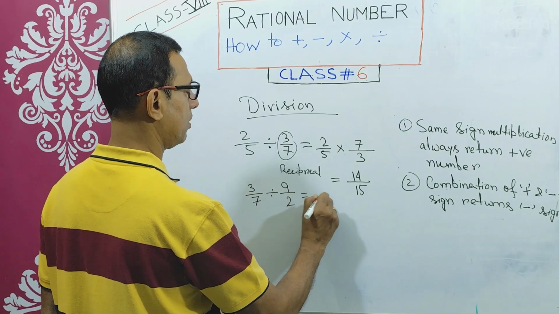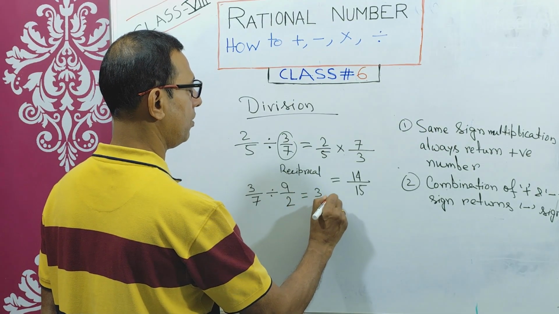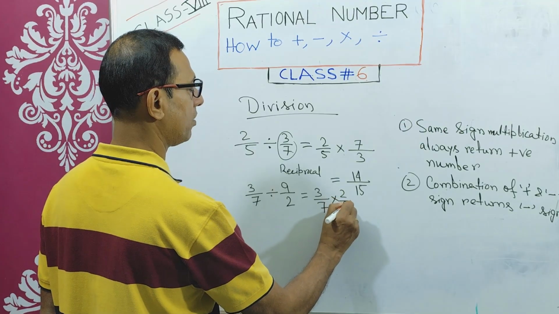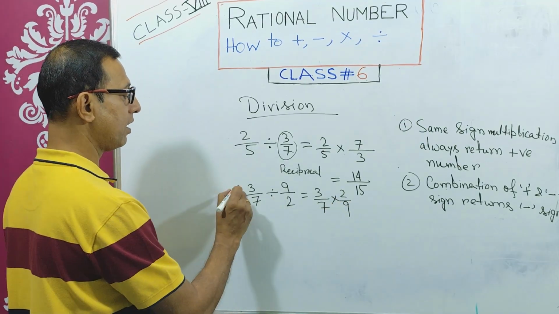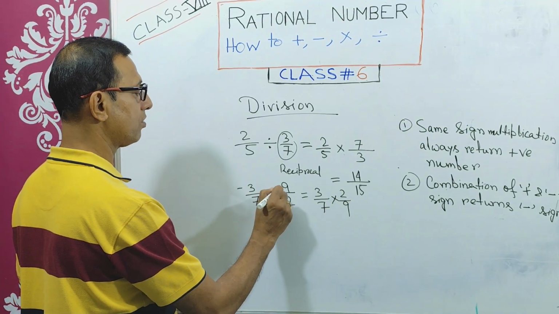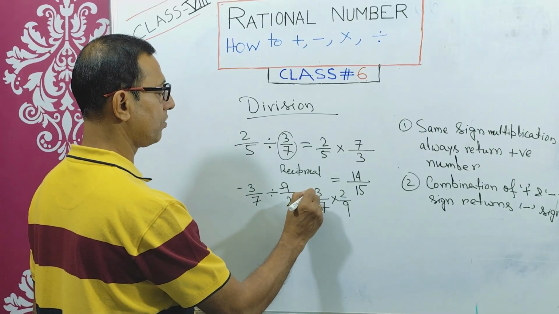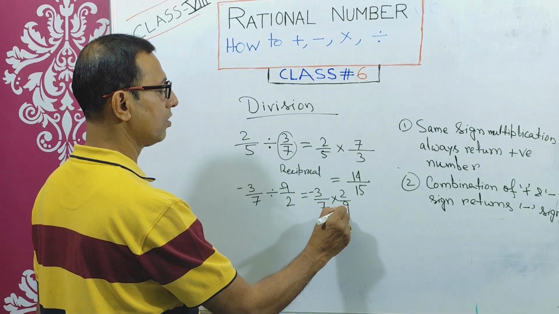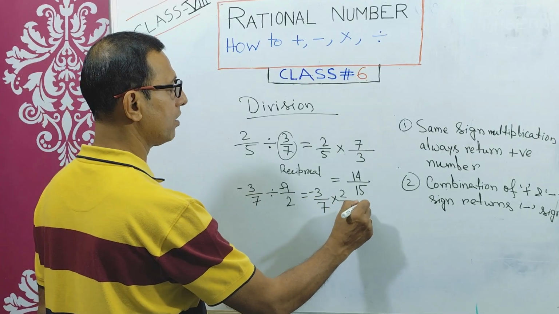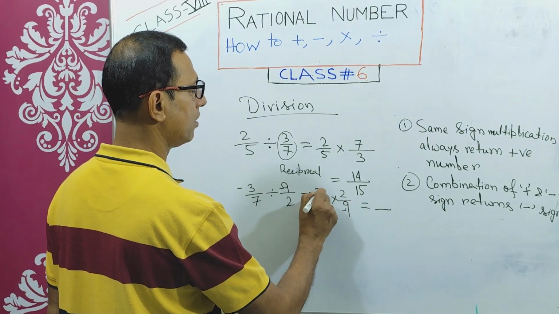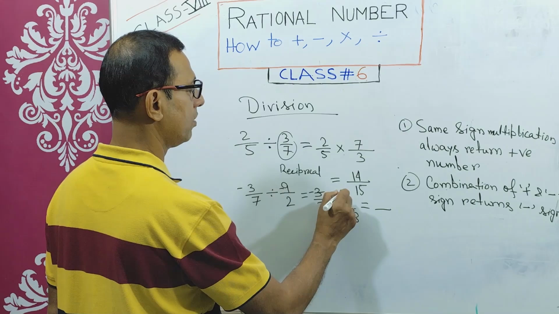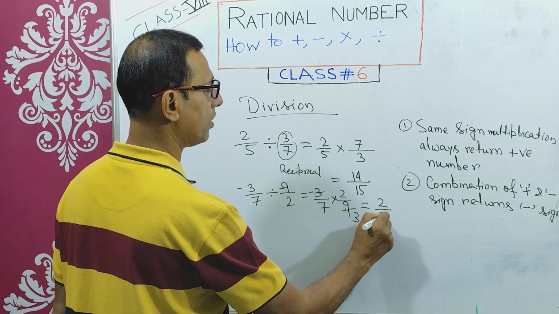That means 3 by 7 into 2 by 9. But if the sign is, let's say here it is minus, here it is also minus. So minus 3, and here also it is minus. So minus into minus cancel, that is plus. That means 3 3s are 9. So 2 by 21.